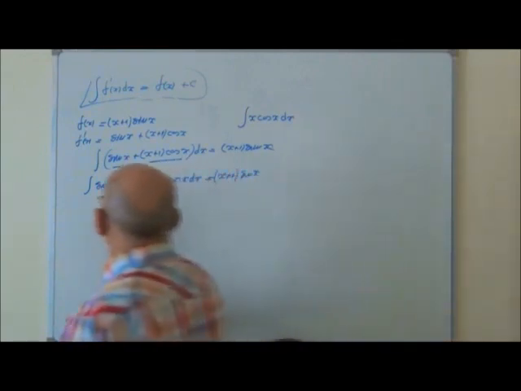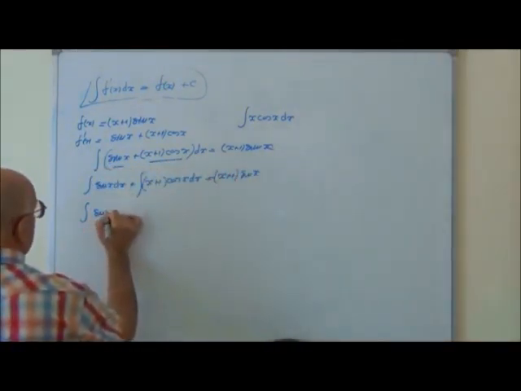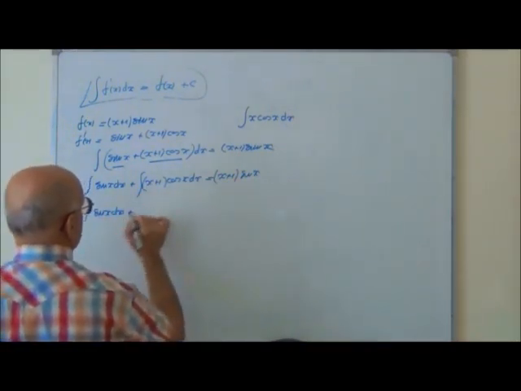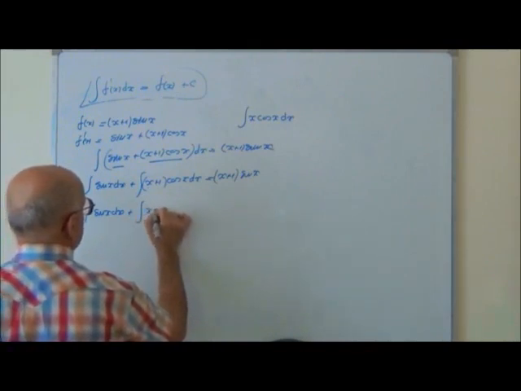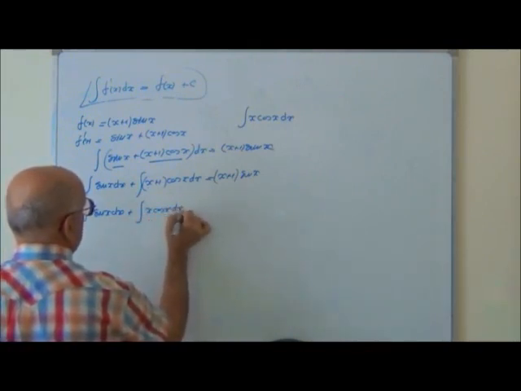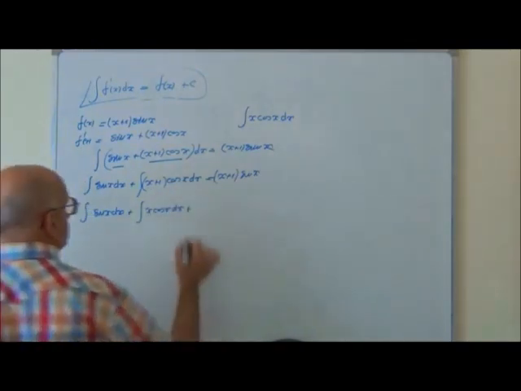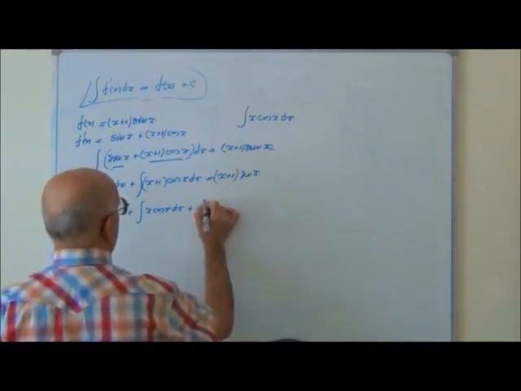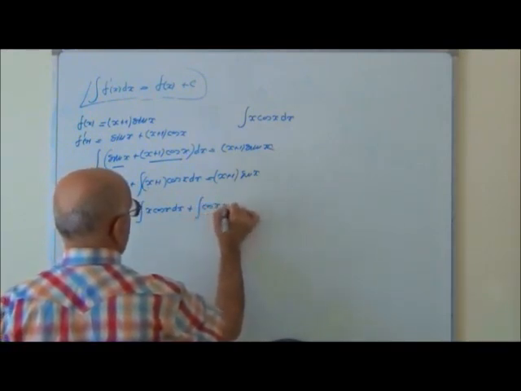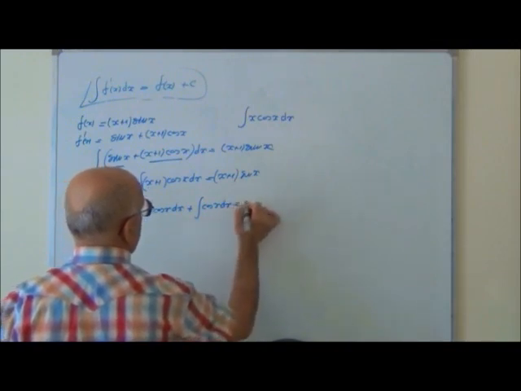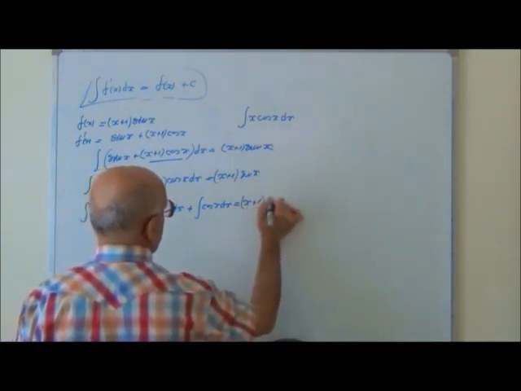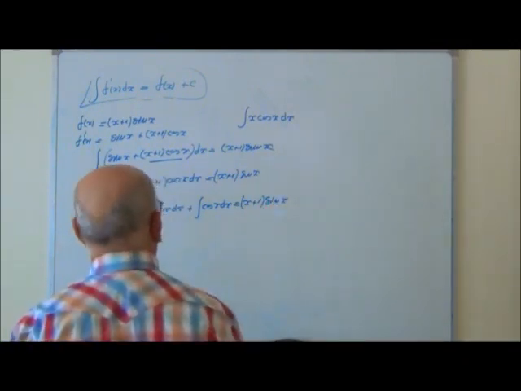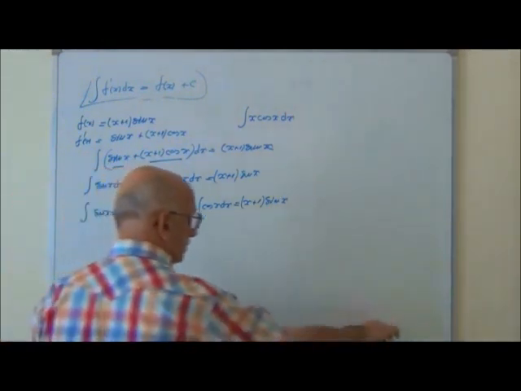In that case it will be integral of sine x dx plus x multiplied by cos x, that will be integral of x cos x dx, and plus 1 multiplied by cos x is just cos x. So plus integral of cos x dx equals x plus 1 sine x.